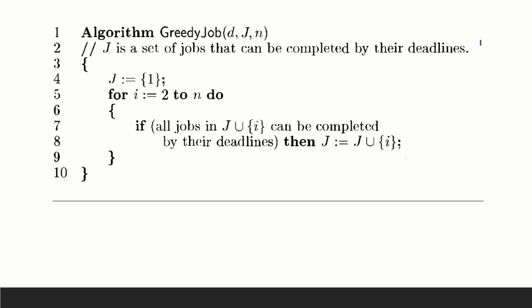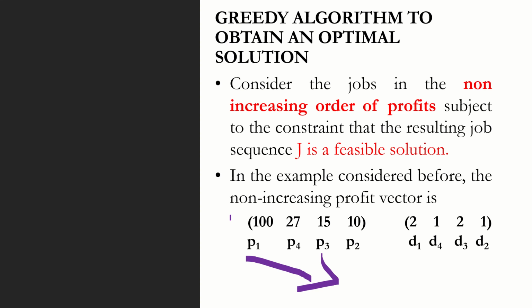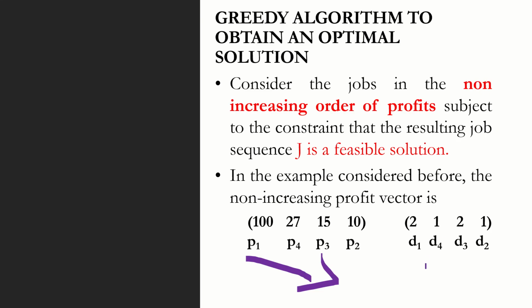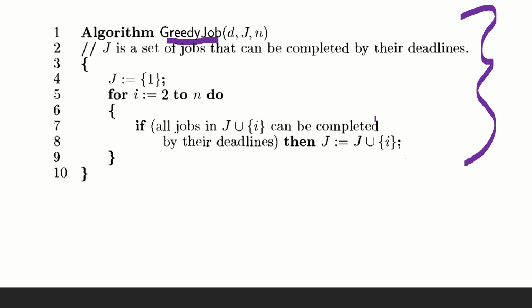And this is the smallest algorithm which will explain how this optimal solution can be obtained. In this algorithm, we give the algorithm name greedy job, and D is the set of deadlines of the corresponding jobs. Before executing, you first arrange all the jobs according to the decreasing order of their profit. D is the set of deadlines, so in our example, that set of deadlines means this array, the deadlines of the 4 jobs.